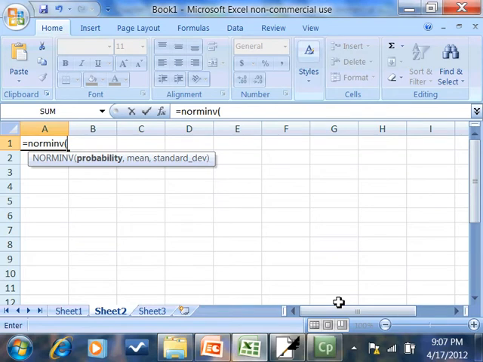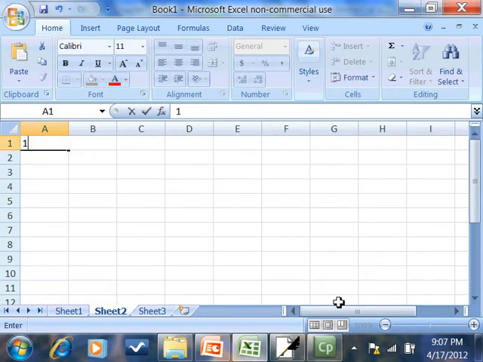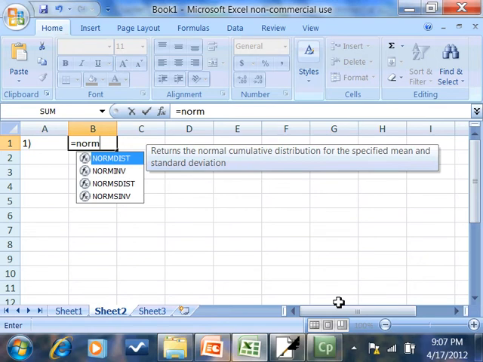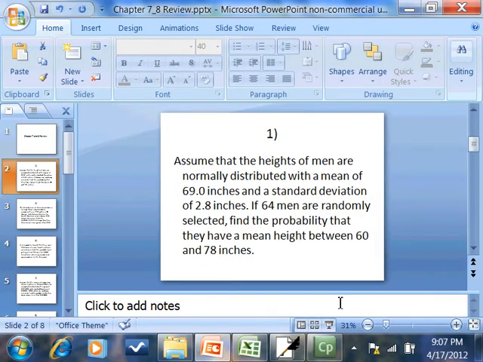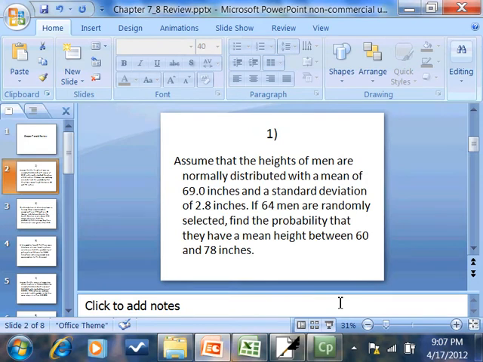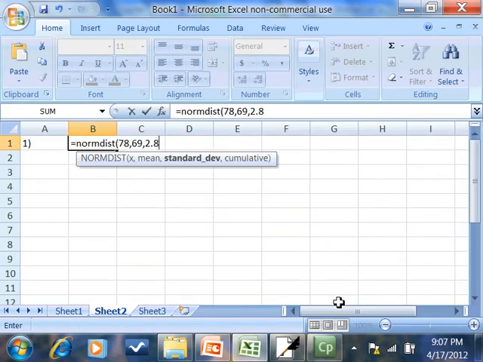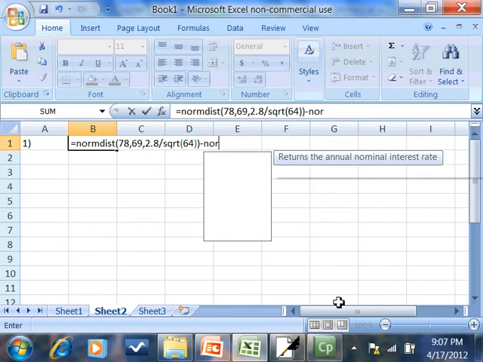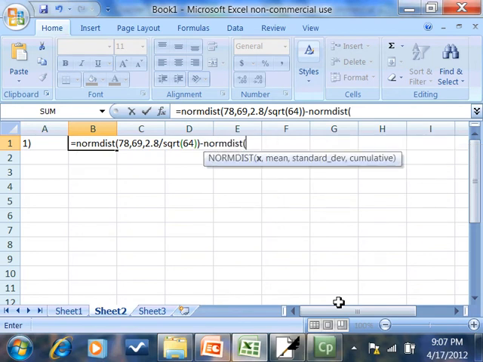So let me come over here. For our first problem, we'll do NORM.DIST. It says mean between 60 and 78. Remember, we do the 78, and then our mean, which is 69, standard deviation, which is 2.8, divided by the square root of 64, minus NORM.DIST, and the lower one, which was 60.